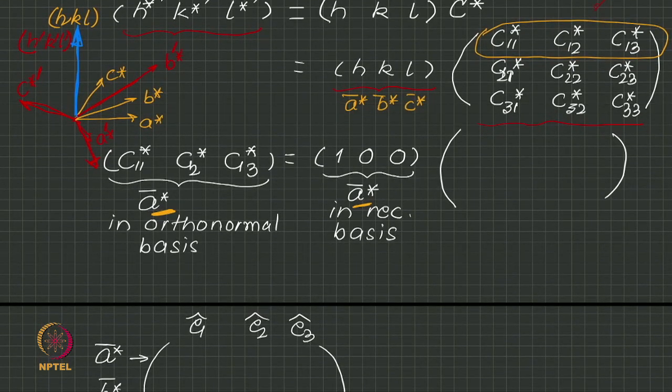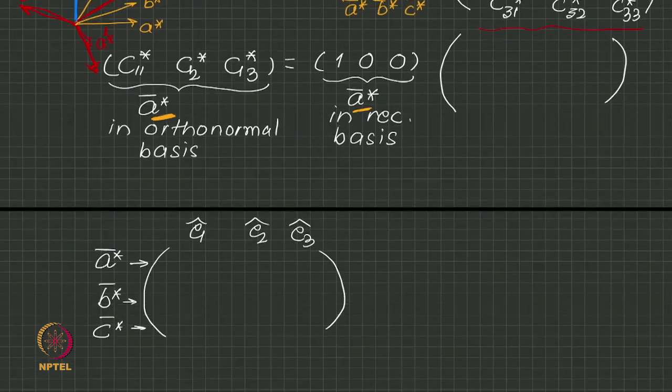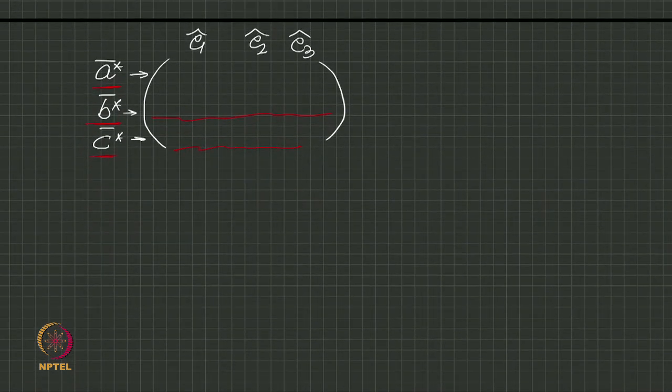So, the first row is A star expressed in orthonormal basis and so on. The second row is B star expressed in orthonormal basis. The third row is C star expressed in orthonormal basis.